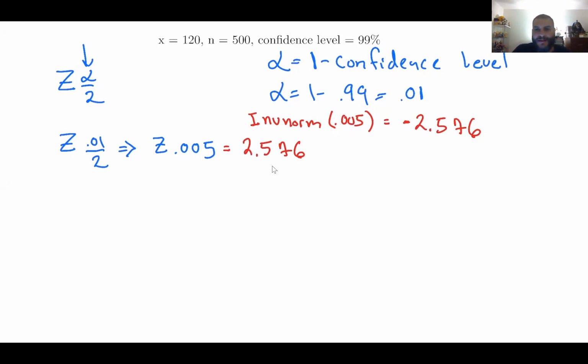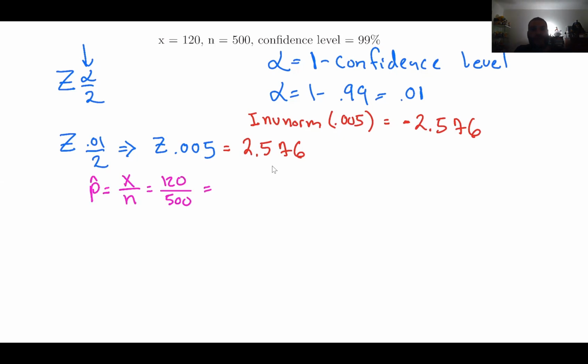All right. Up next, I'm going to find p hat. For p hat, it's x divided by n. So x is 120, and n is 500.